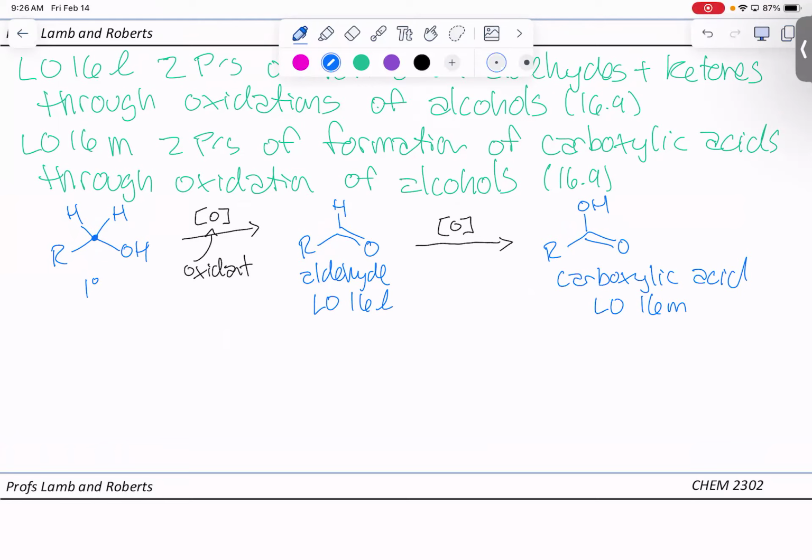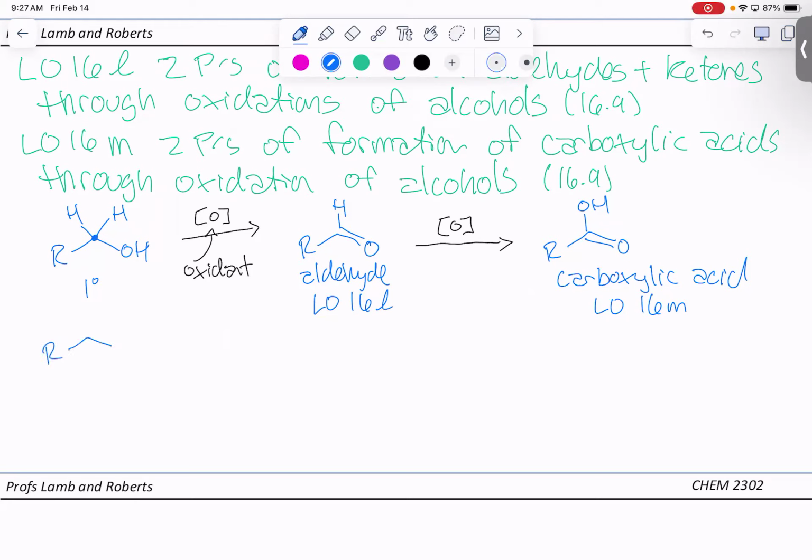It depends on the structure of our compound whether we can do this. Very suggestively, I've drawn this as a primary alcohol, and we've lost both CH bonds in order to make more bonds to oxygen. So we broke two CH bonds and we made two extra CO bonds, all right?